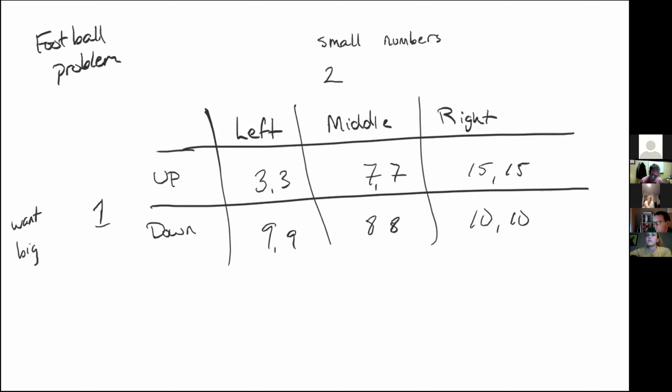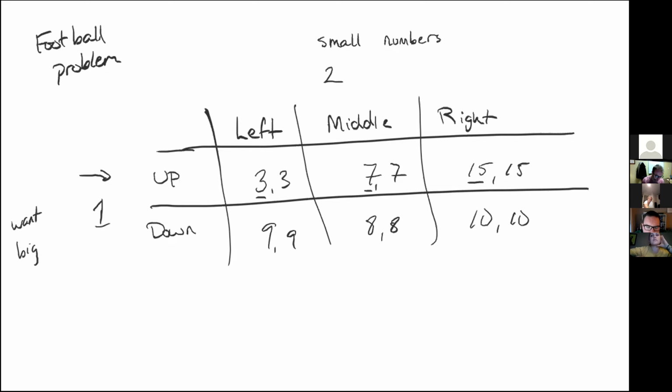Left. Let's see. If player 1 plays up, then they can choose 3. Oops, I did the wrong one again. There we go. So player 1 plays up, then 3 is the smallest of 3, 7, and 15.